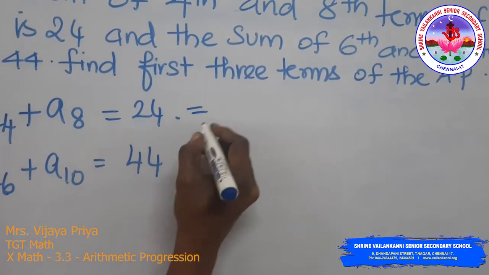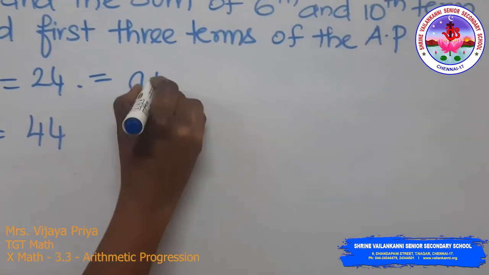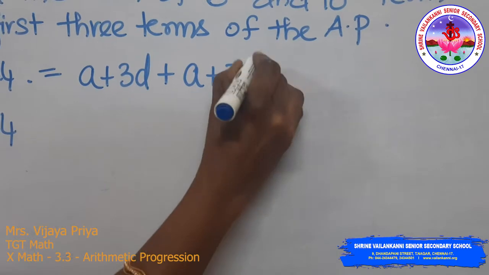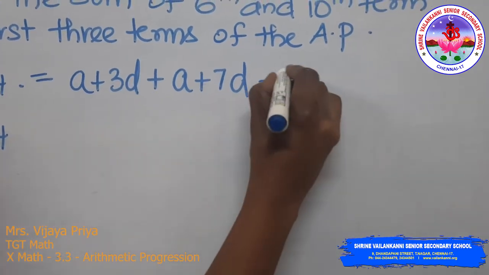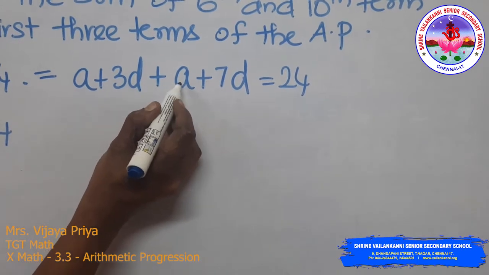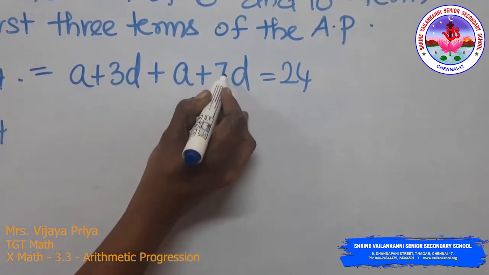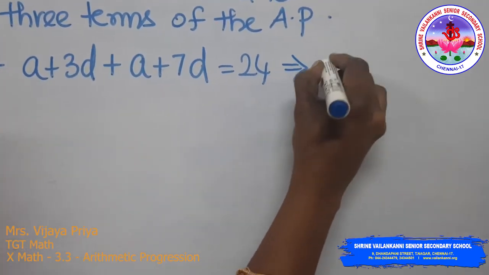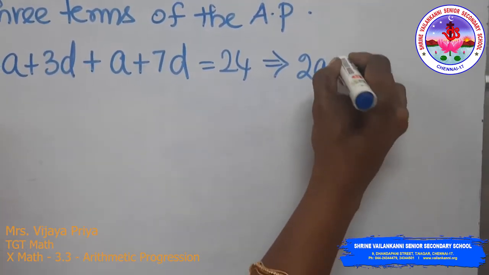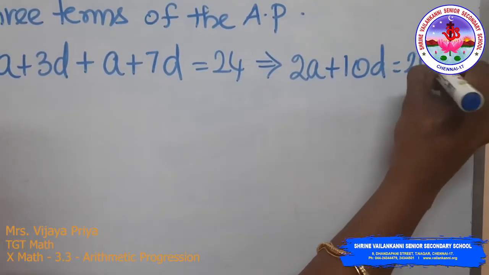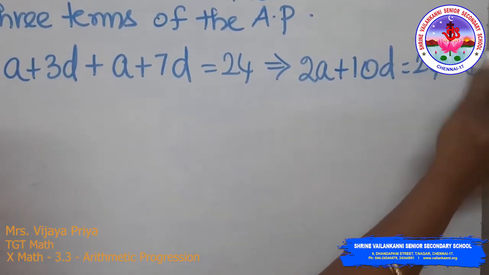So I will get A4 as A plus 3D, A8 as A plus 7D, which is equal to 24. So here A plus A, I got 2A, 3D plus 7D, which is 10D. So I get the equation 2A plus 10D is equal to 24. Call this equation 1.